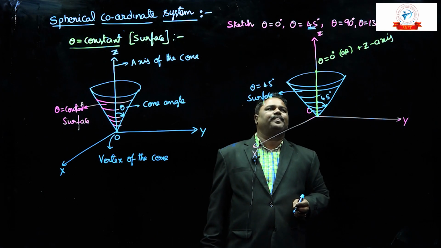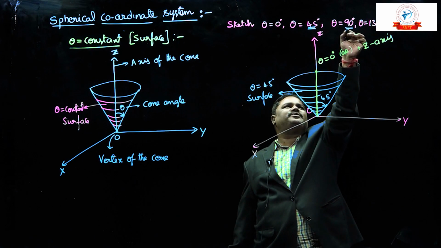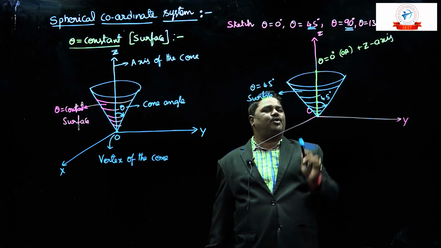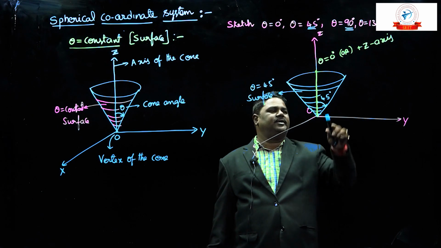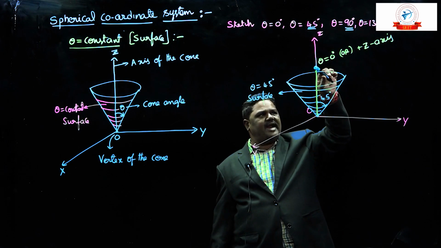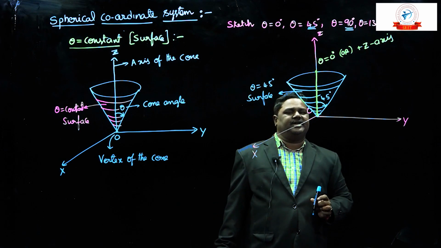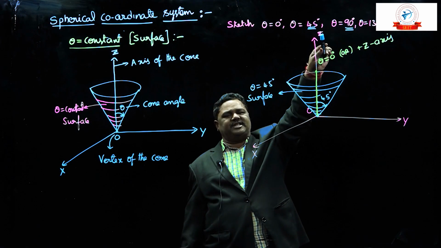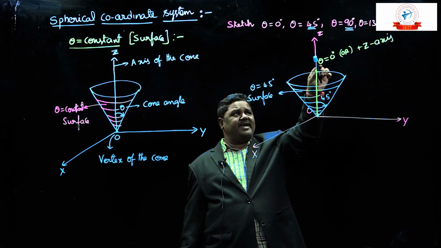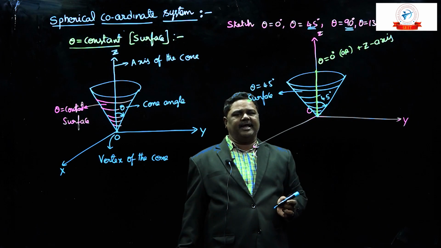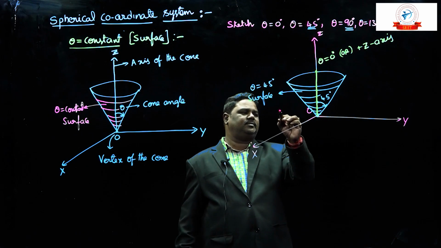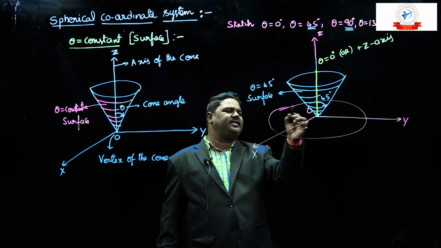Next, what is meant by theta equal to 90? Theta equal to 90 means the cone angle is 90 degrees for that cone, that is, the angle between the cone surface and the cone axis must be 90 degrees. The cone axis is fixed, that is the z axis. The z axis makes 90 degrees with the xy plane. So whenever the cone angle is 90 degrees, the cone surface will coincide with the xy plane.